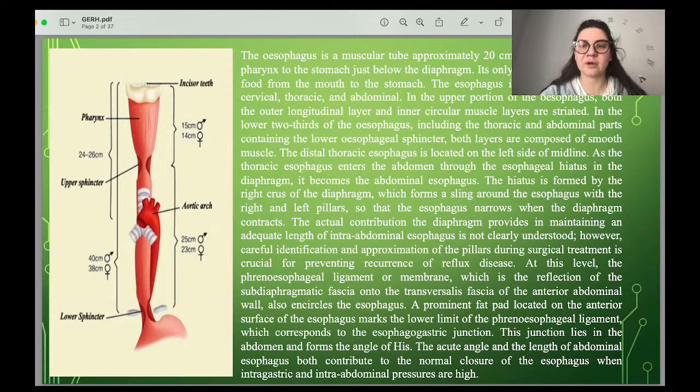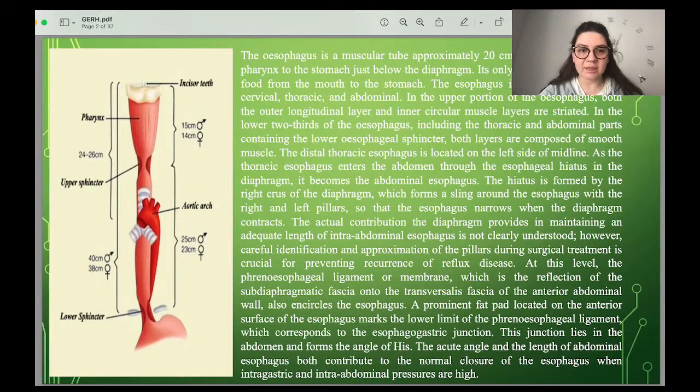The esophagus consists of three parts: the cervical part, the thoracic part placed in the thorax, and a small abdominal part.